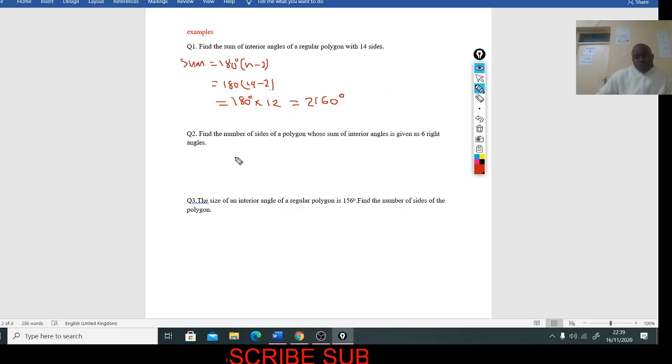Now, question number 2. Find the number of sides of a polygon whose sum of interior angles is given by 6 right angles. So that means we can first of all find the sum of those interior angles. It is given by 6 right angles, and a right angle equals 90 degrees.